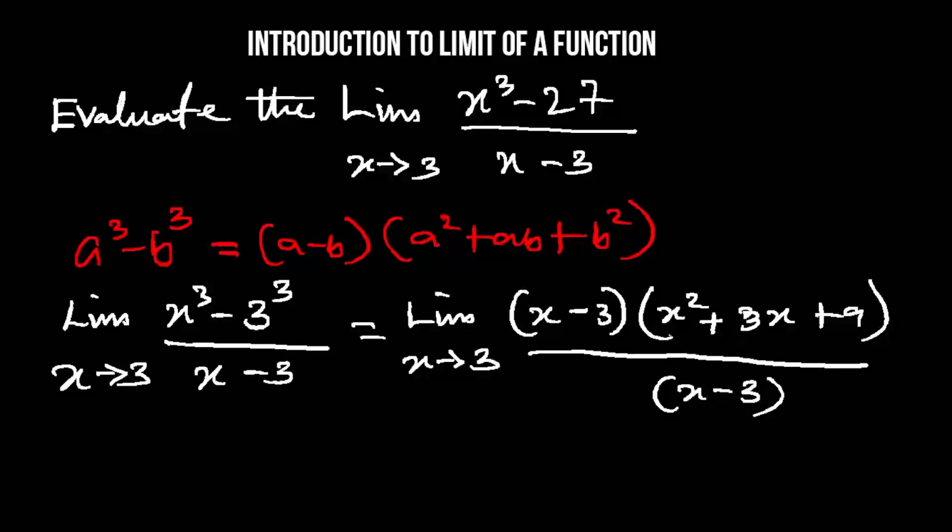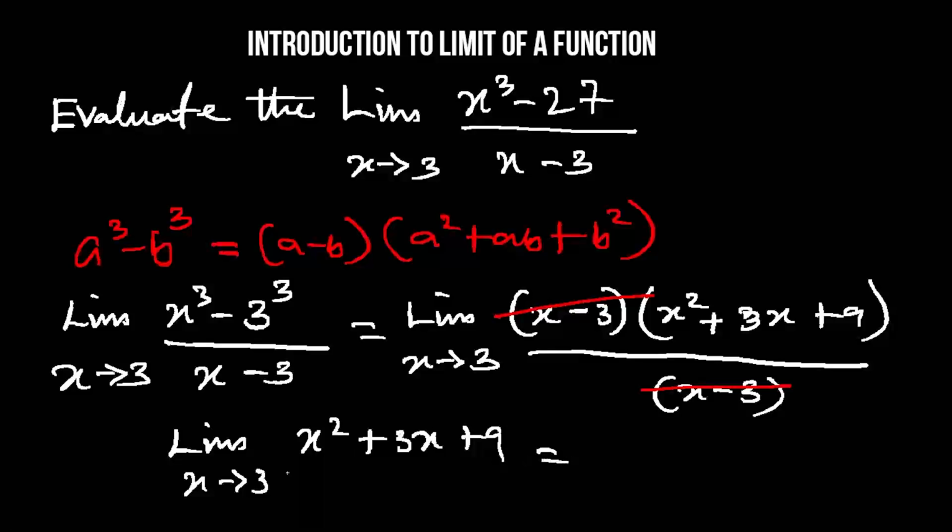If I have this, that means this and this can cancel. So we have the limit as x tends to 3 of x squared plus 3x plus 9. So put the value of 3 there.